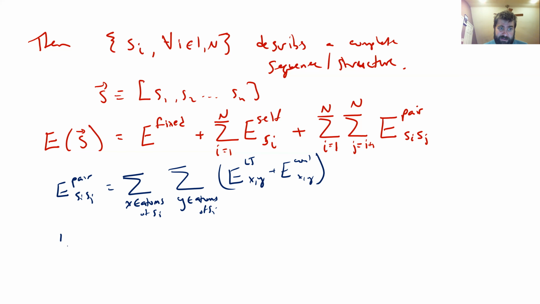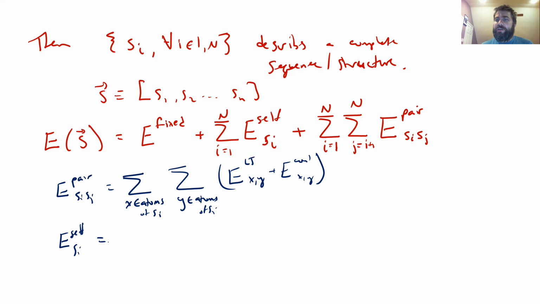Now, the self-energy, what is this going to include? Well, the self-energy is made up of a few pieces. It involves all of the energetic terms that depend on the atoms of a particular side chain, but not on the atoms of any other side chain. So the pair energy includes all the interactions between 2 side chains.